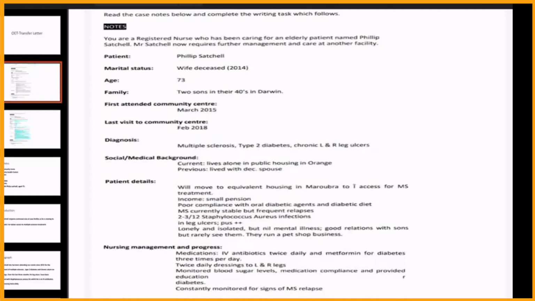Okay. So can someone help me with all that? Tell me a little more in detail. Yeah, you can write like this. See, actually what she said was right, except for a little bit of information. Mr. Satchel has been on metformin, and the frequency would be thrice daily, 3 times per day, for diabetes, but has poor compliance with diabetic diet and medication.